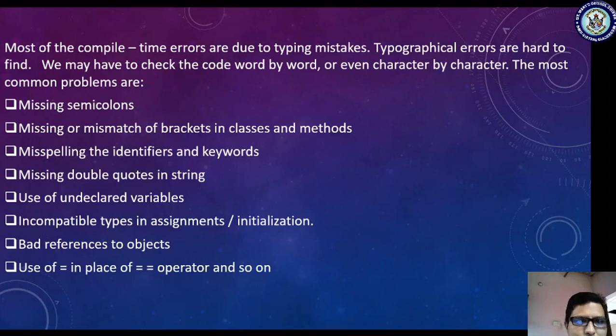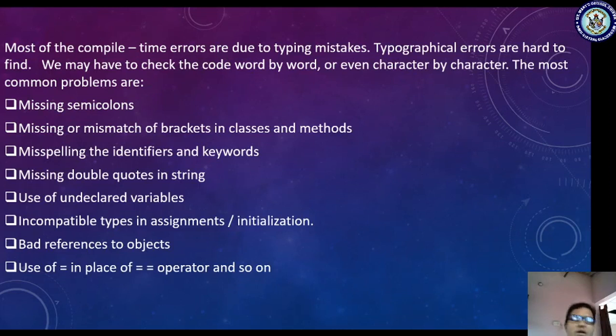In classes also the same thing. Third point, misspelling the identifiers and keywords. Suppose you have declared the variable as ABC in capitals, while processing, if you write it in small letters, then it is a mistake. Suppose you have declared an integer variable, while processing, if you make it a double, then it is a mismatch.